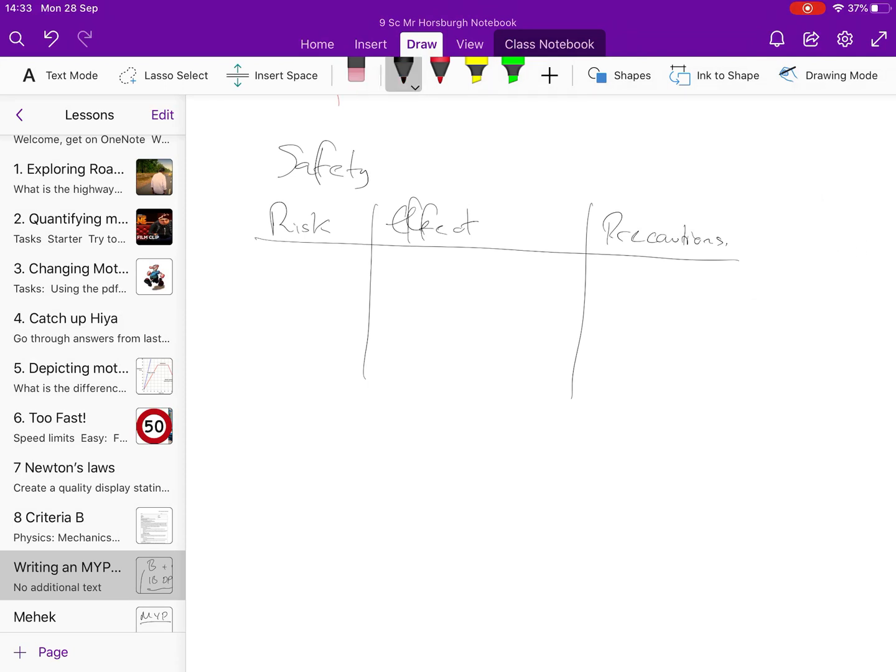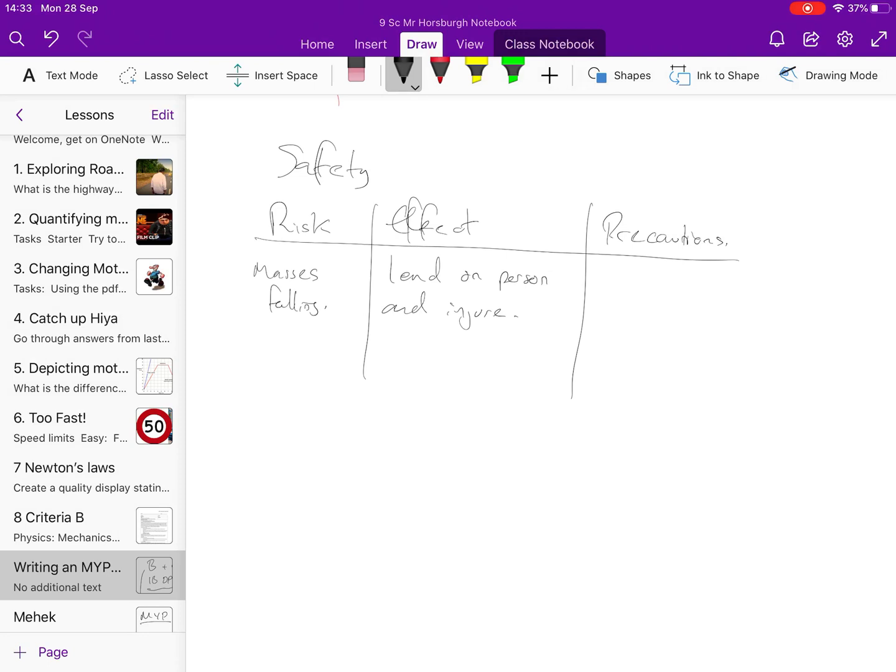So things like in this example where we're putting masses on, we can say masses falling, right? The effect could be land on person and injure. Precautions.